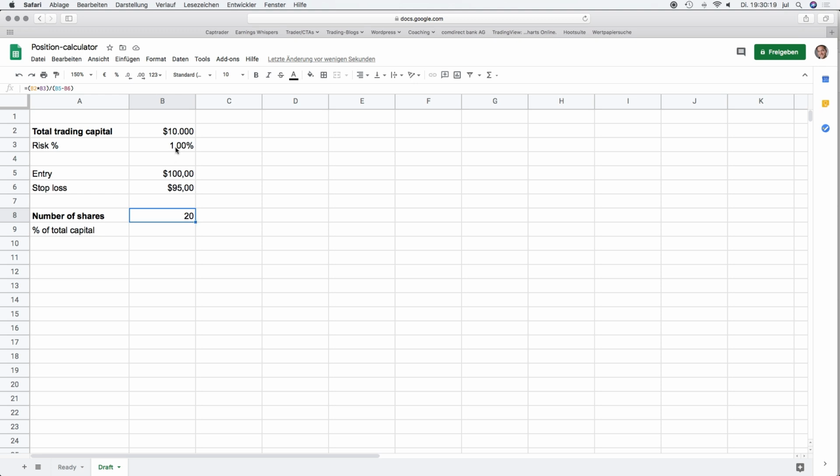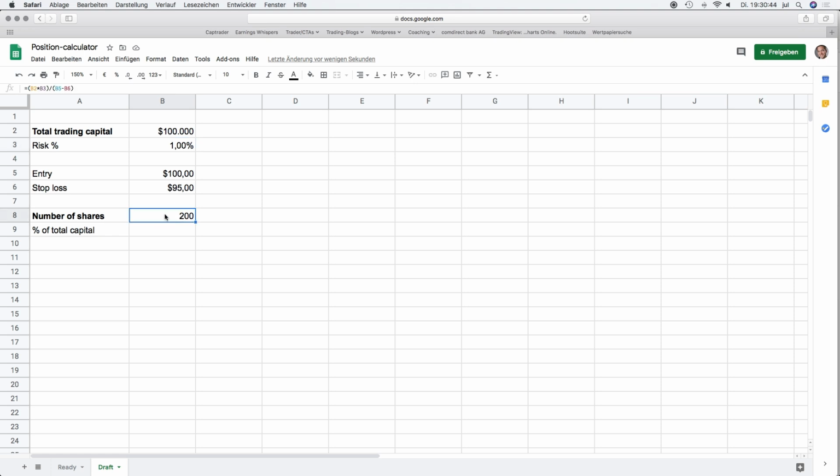So that's really simple. And if we now take 100,000 here, so 10, you can see we have now 200 shares. If we now switch to the prepared demo case from me, you can see that it's working exactly the same.